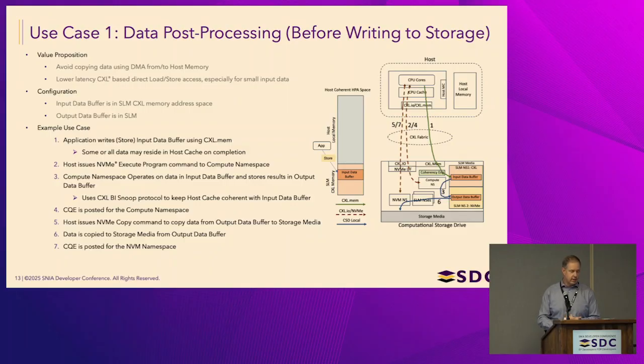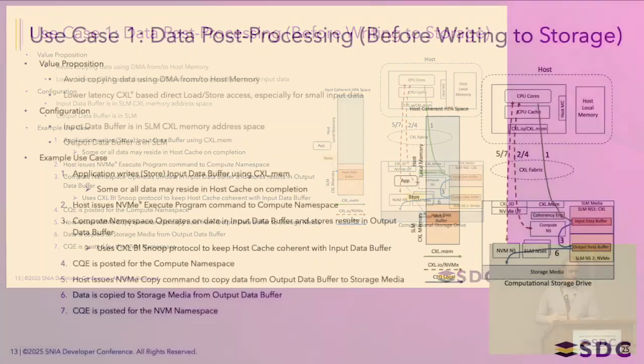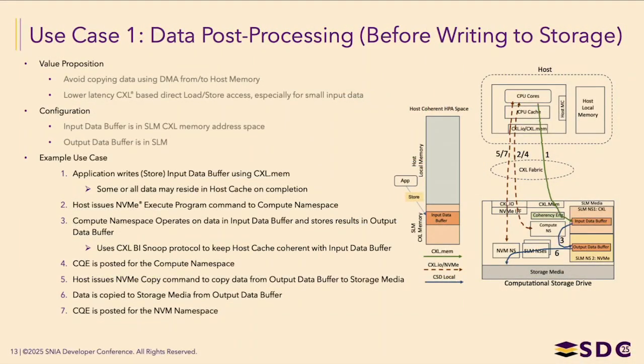We've got our NVM namespace, our compute namespace for doing computation, and our memory namespace. The picture shows the memory of the memory namespace, the SLM memory itself, the media, expanded. That's the orange and yellow on the right-hand side of the diagram, so we can more easily see what's happening in the memory itself, as that's the focus of this enhancement.